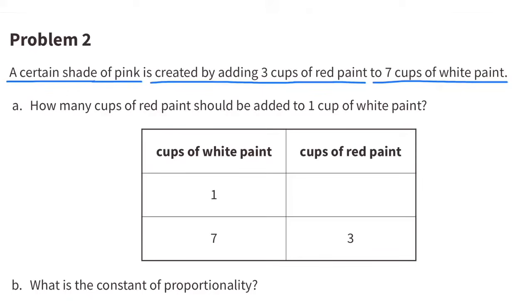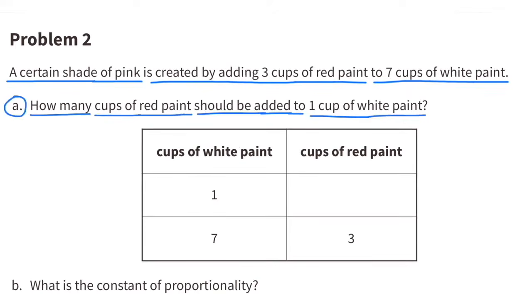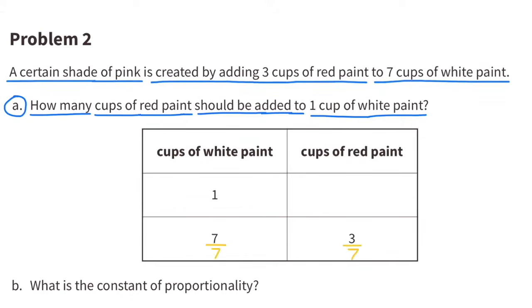Number 2. A certain shade of pink is created by adding 3 cups of red paint to 7 cups of white paint. A. How many cups of red paint should be added to 1 cup of white paint? 7 cups of white paint divided by 7 equals 1 cup of white paint.